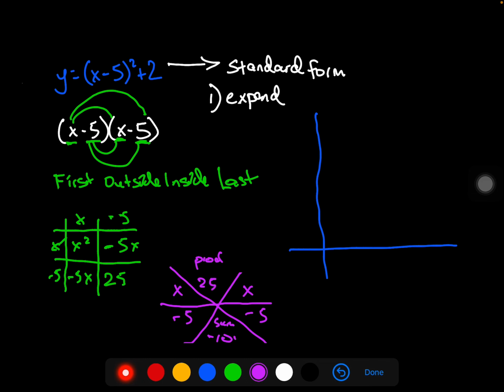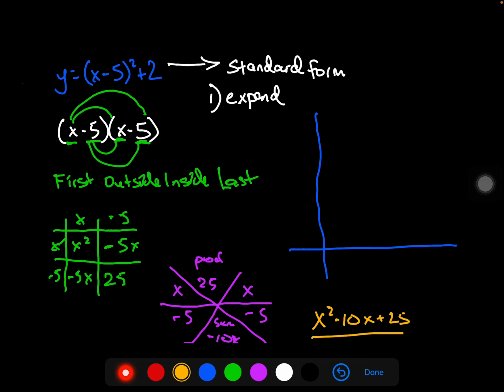And this is where your x is going to go. Any way you do it, as long as you get the same answer, that's the main idea. So we're going to get x squared minus 10x plus 25. That's our expanded form. Whether it's FOIL, or the box method, or the snowflake method, doesn't matter to me. Shouldn't matter to your teacher.